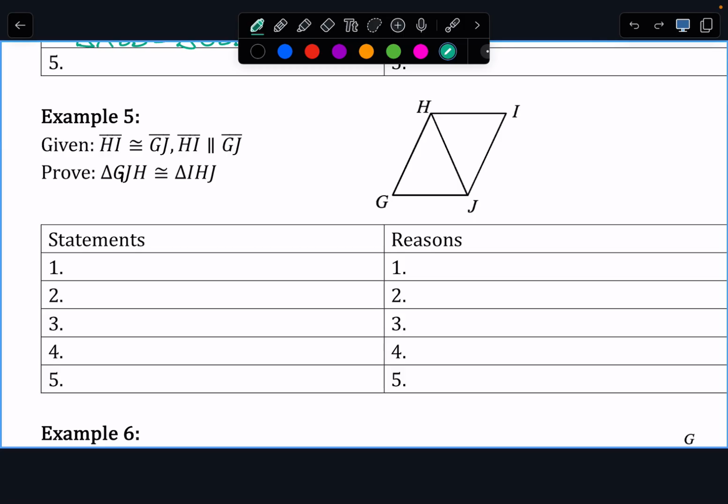So HI is congruent to GJ and HI is parallel to GJ. Write it in your given and mark it. Those arrows mean parallel.